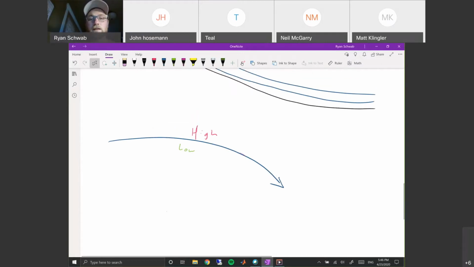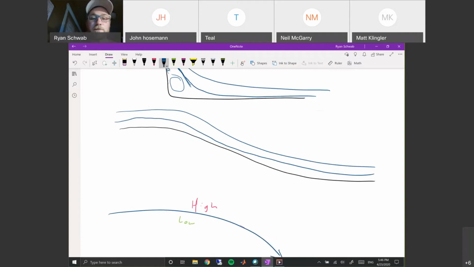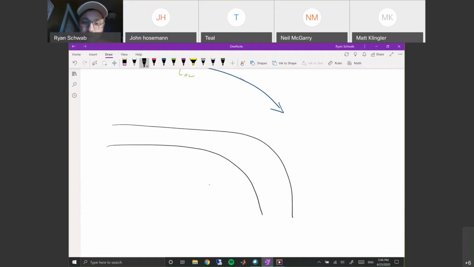Now we can imagine this, like I mentioned up here, with this shelf situation. As this flow is turning down, this is now the inside of the turn. We have this low pressure. We can also think about this if we were to look at flow in a pipe that then turned down.